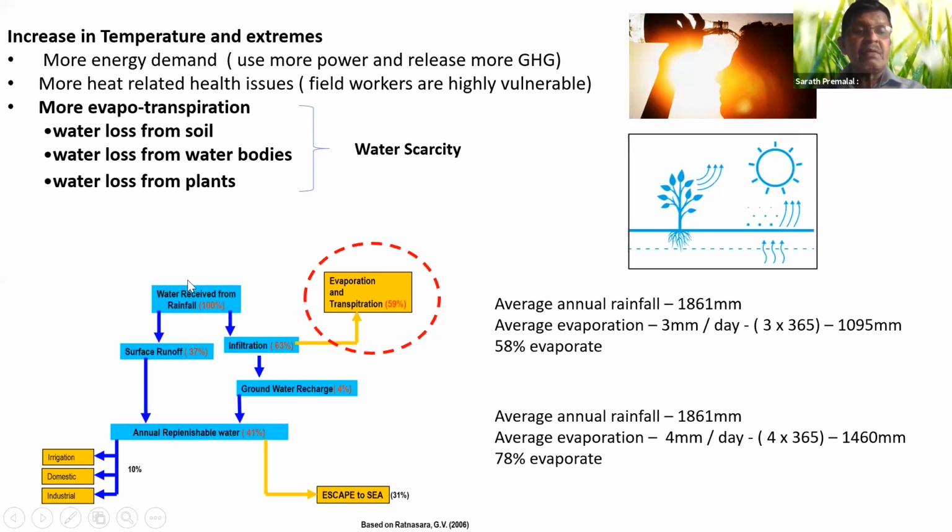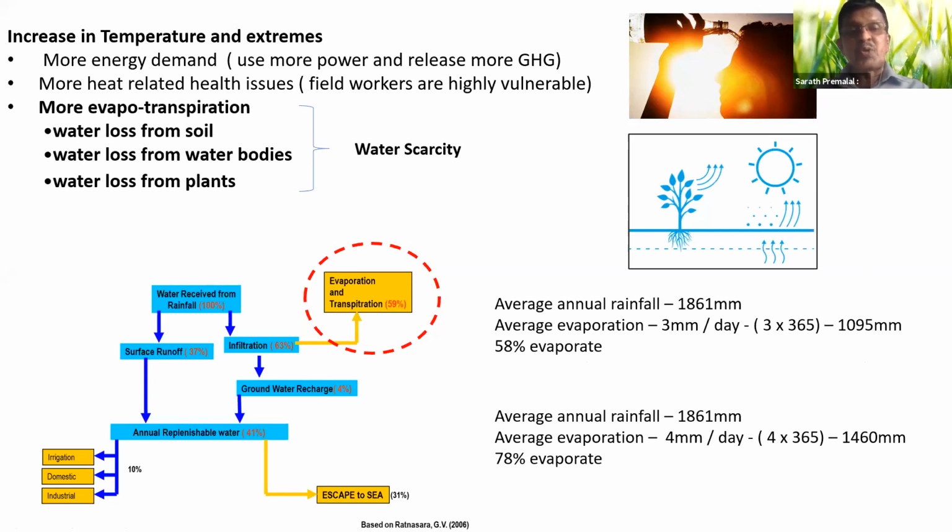When we take the water received from rainfall as 100%, the average annual rainfall is 1861 millimeter, and the average evaporation is 3 millimeter per day. When converted into annual, it will be 1095 millimeter, which is almost 58% of the annual rainfall.